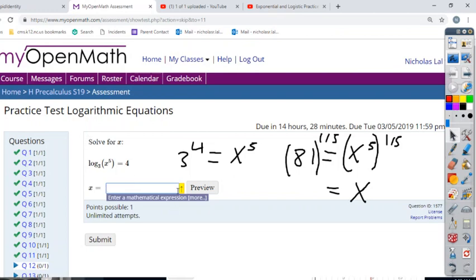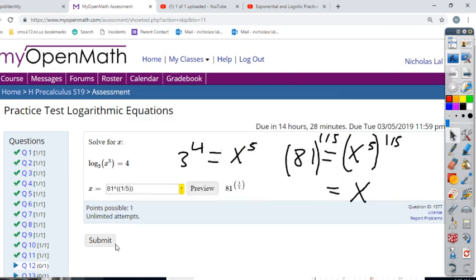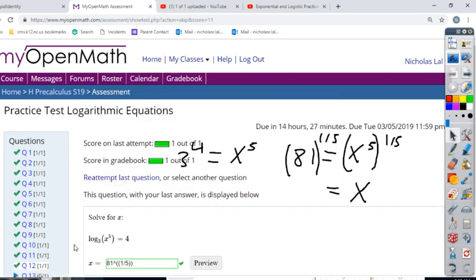So I'm gonna write 81 to the 1/5. Okay, that's considered correct. Let's keep moving forward.